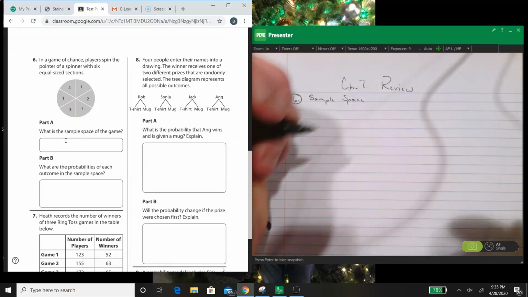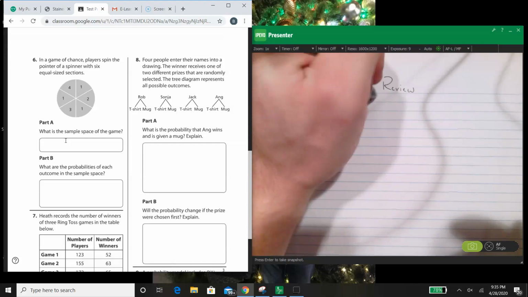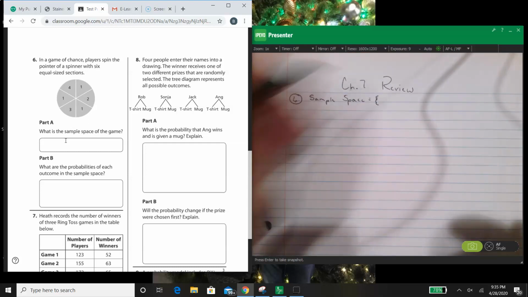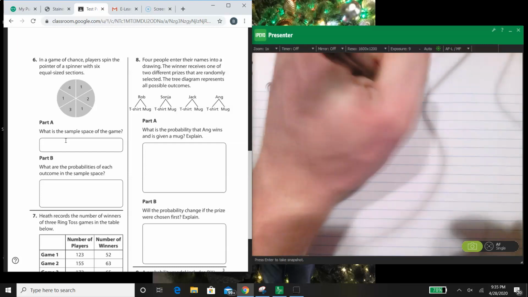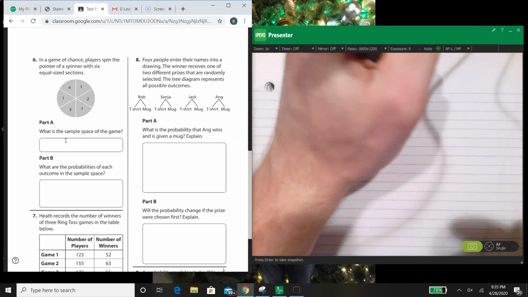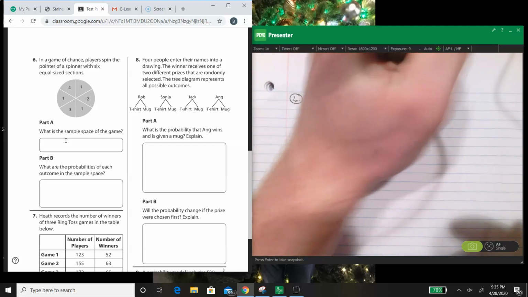So to answer the first part, I put my sample space in brackets or parentheses and list them in order from least to greatest. It's going to be 1, 1, 1, and then 2, 3, 4.